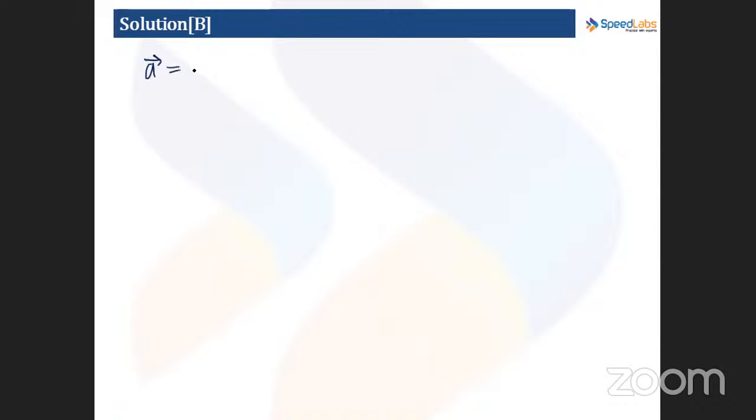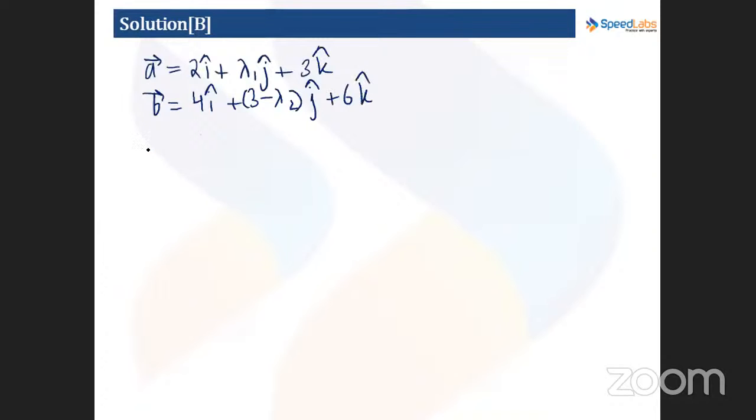In the question, A vector is given as 2 i cap plus lambda 1 j cap plus 3 k cap. B vector is given as 4 i cap plus (3 minus lambda 2) j cap plus 6 k cap.